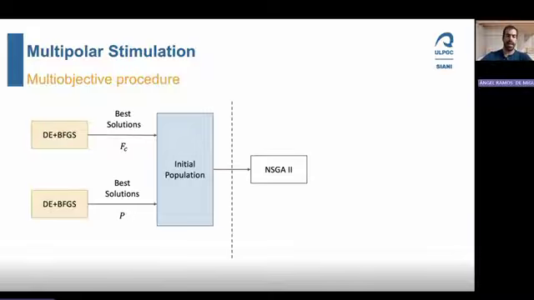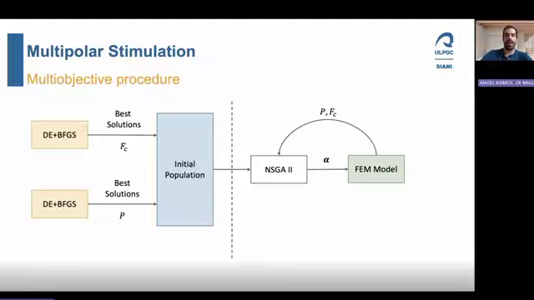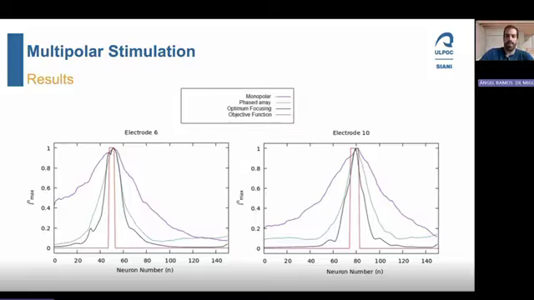So we have basically a multi-objective problem. We use the NSGA-II optimization scheme to find the best combination of currents on the electrodes to produce as focused a stimulus as possible and as power-saving a multipolar stimulation as possible.